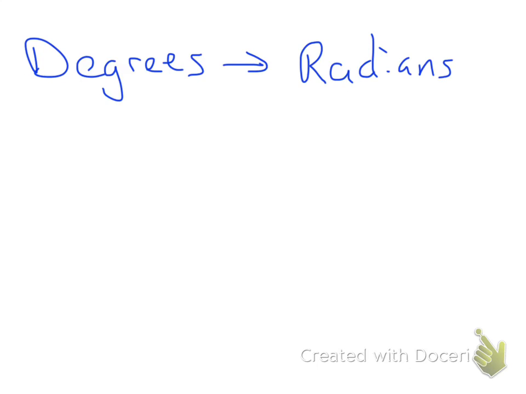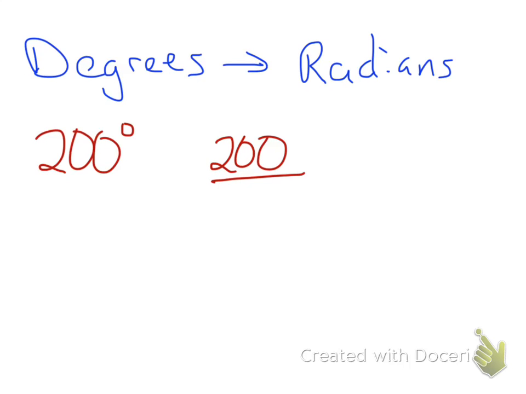So knowing that, if I want to take a look at 200 degrees and convert that now to radians, what I can do is say that 200 degrees divided by x number of radians is going to equal 180 degrees divided by pi radians.